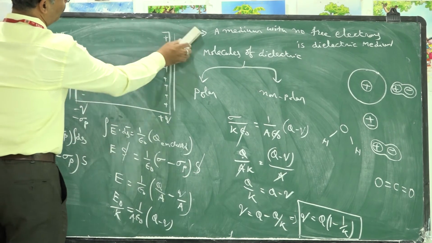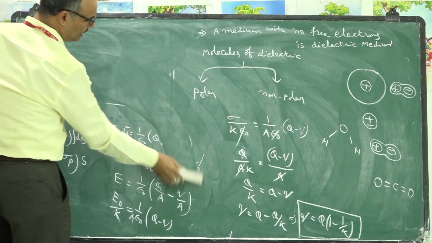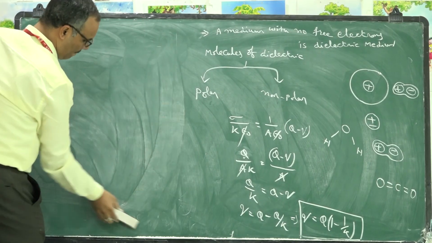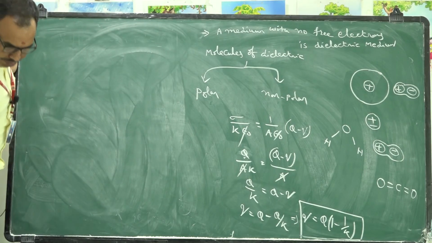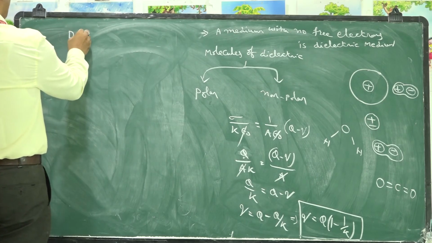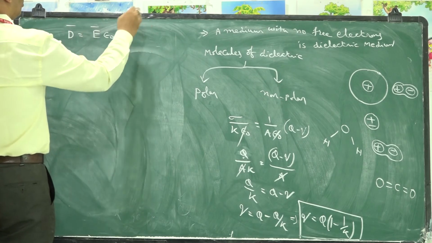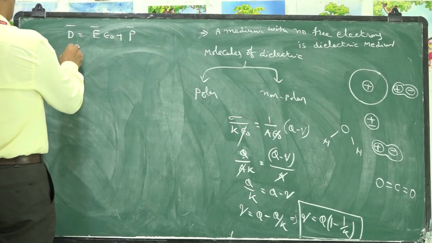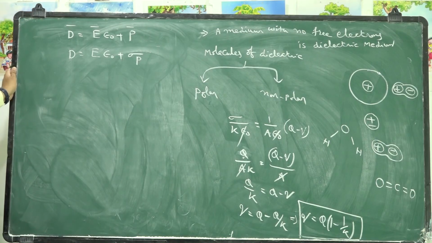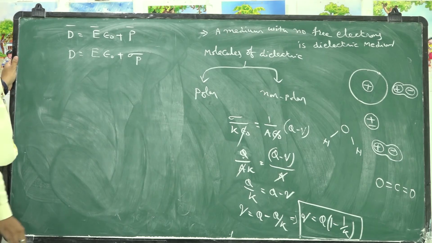Now in this connection, we relate the displacement vector in our discussion. Let us see. We know that the displacement vector is given by D equals E epsilon naught plus P. Otherwise, if you take E epsilon naught, it can be written as sigma p, because polarization density is nothing but induced surface charge density.